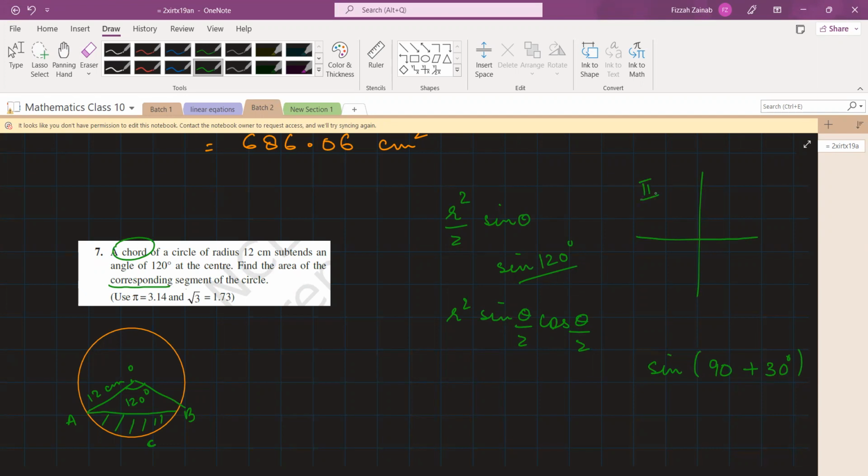So it will be positive or negative? It will be negative. So it will become, so better not go into that problem. Just convert it like this and make it 60 degree. Okay. Okay, teacher.